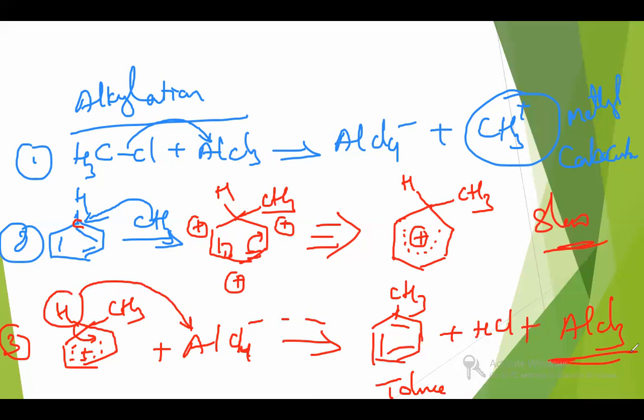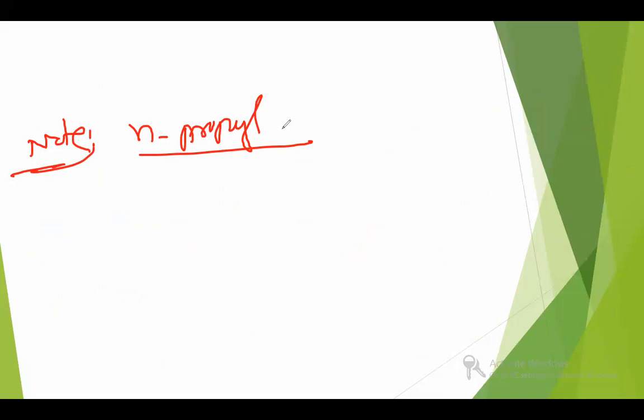But you need to remember one important point here. When the alkylation is carried out with a higher alkyl halide, for example n-propyl, meaning normal propyl chloride with carbon number 3, then the electrophile formed in the first step, the generation of the electrophile, is a primary carbocation.